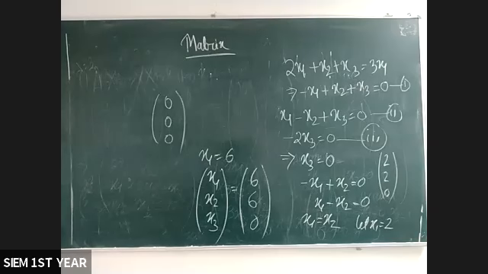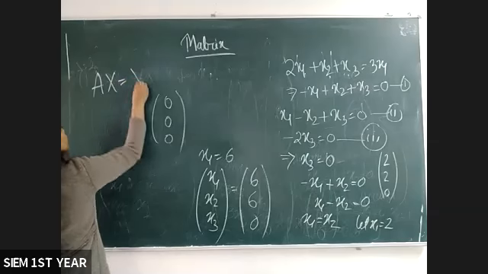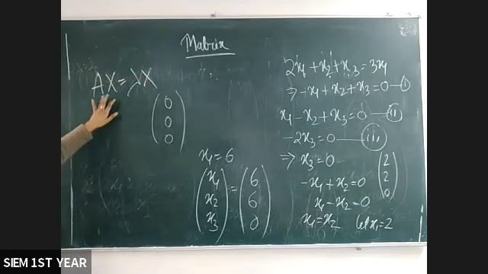Ma'am, our vector is 3x1, 3x2, and 3x3, no ma'am. So if we put x1 equal to 2, then we will get 6, 6, 0, no ma'am. Our vector is x1, x2, x3. Okay, 3 is your eigenvalue. So ma'am, we don't need to multiply, no ma'am. Your expression is Ax equal to lambda x.